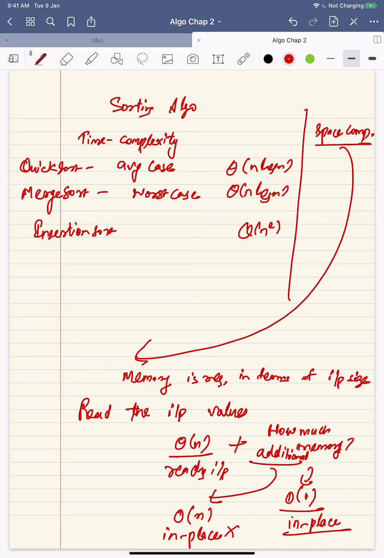Yes, there are more things. For example, is this a stable sorting? We will discuss this topic in detail later, but just to give you an idea, what is stable sorting? Suppose you get an input where some elements are repeating: 3, 7, 6, 6, 2, 5, 5.